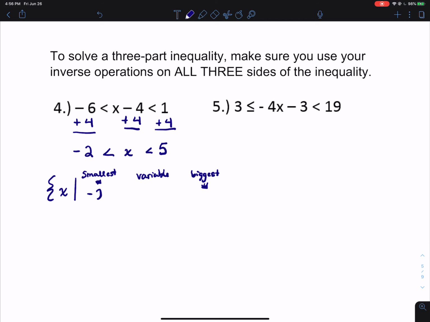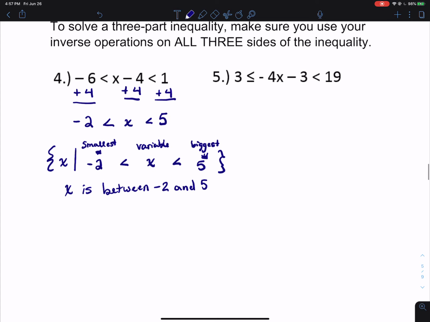So I have -2 is less than x, which is less than 5. Another way to think of this is we could say that x is between -2 and 5. And that language helps us figure out how we're going to graph this.